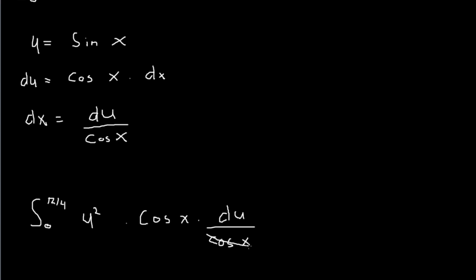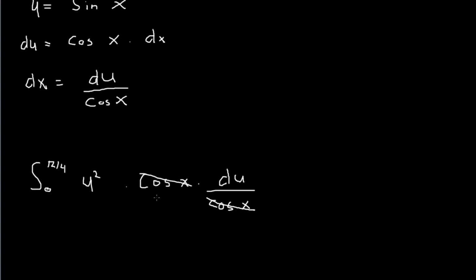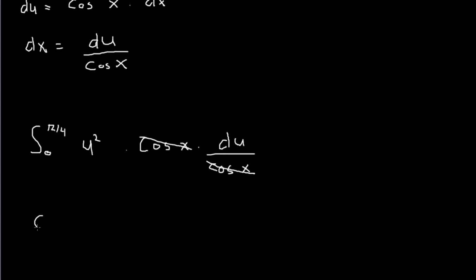So we're going to cancel the cos x out, and the result would be the integral from 0 to pi/4 of u to the power of 2.